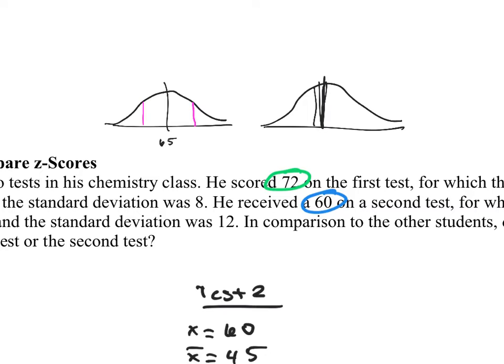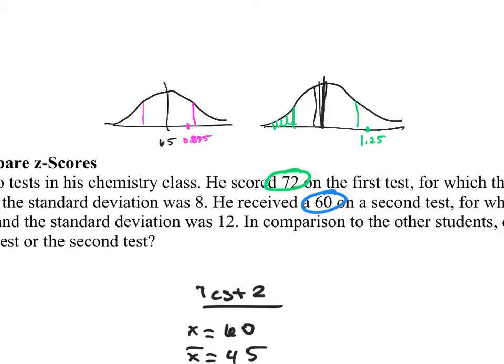Well, where was he? He was just below 1 standard deviation above the mean. That was the 0.875 part, right? Whereas let's look at this second one. Let's do that 1 standard deviation above and below the mean again. He was actually further to the right at 1.25 standard deviations above the mean.